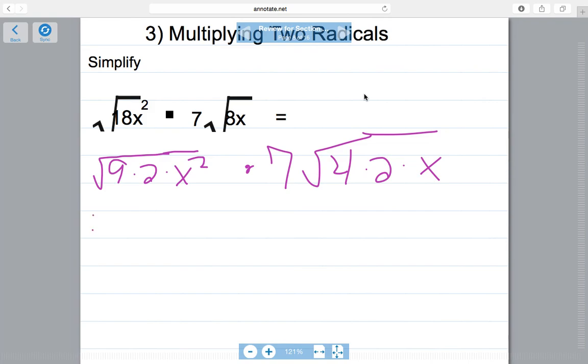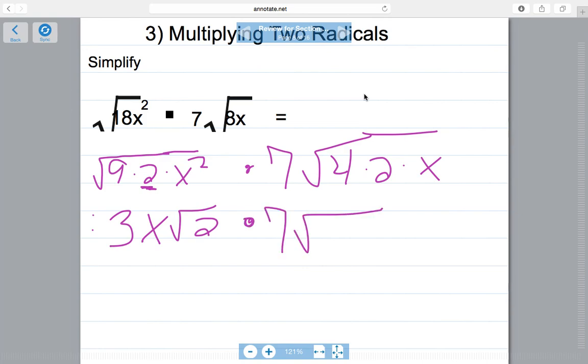Okay, so the square root of 9 is 3. Square root of 2 I can't simplify anymore. Square root of x squared is just x. Remember that square root of 2 comes from here. Alright, so that's the first part.